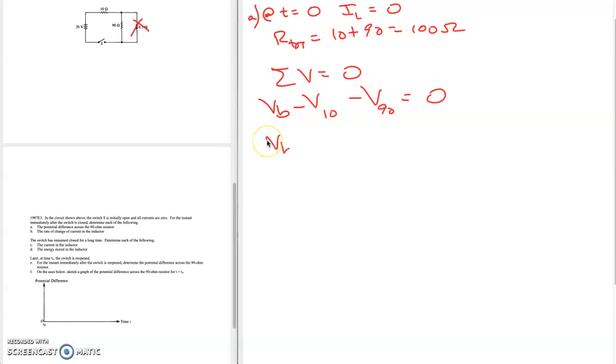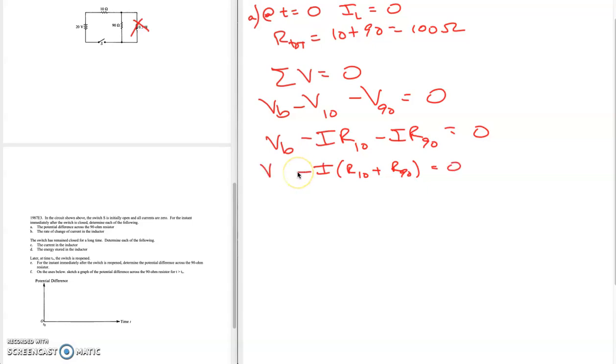And then we will have voltage of the battery minus IR minus I of the other R. Now, because these two guys are in series, those two I's are the same. So we will have 20 volts there, 100 ohms here, and we're going to have a current of 0.2 amps.